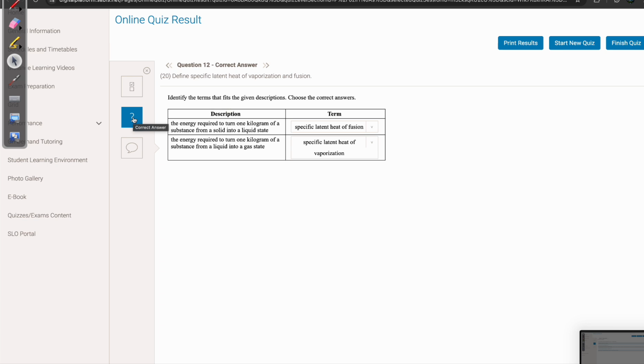I mentioned this earlier in the video, and that's the specific latent heat of fusion, the energy required for 1 kilogram of a substance to melt or freeze, it doesn't matter. The energy required to turn 1 kilogram of a substance from a liquid into a gas. We also explained this earlier, and that's the latent heat of vaporization.